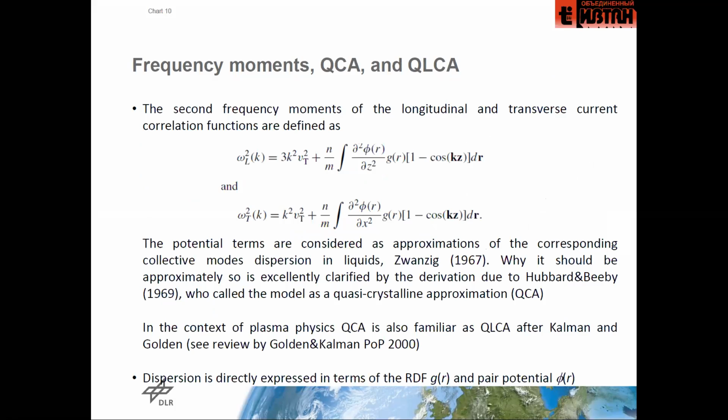One of the very useful ways to describe dispersion relations is a method based on frequency moments and related to the quasi-crystalline and quasi-localized charge approximation. Here are the expressions for the second frequency moment of the longitudinal and transverse current correlation functions.